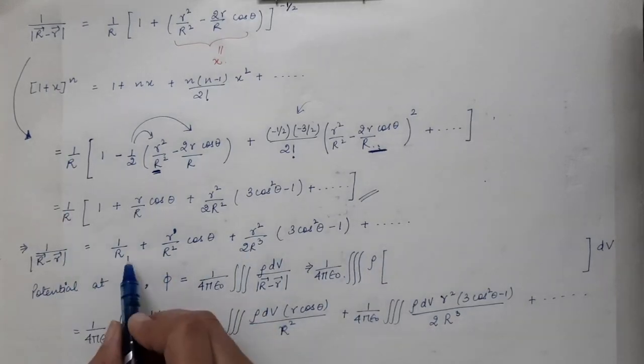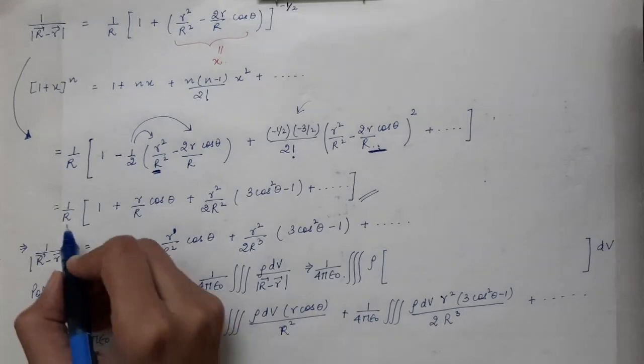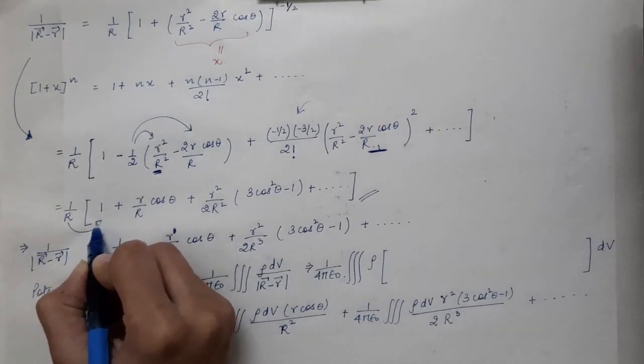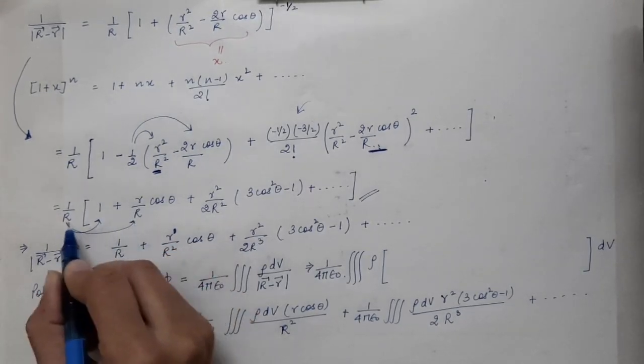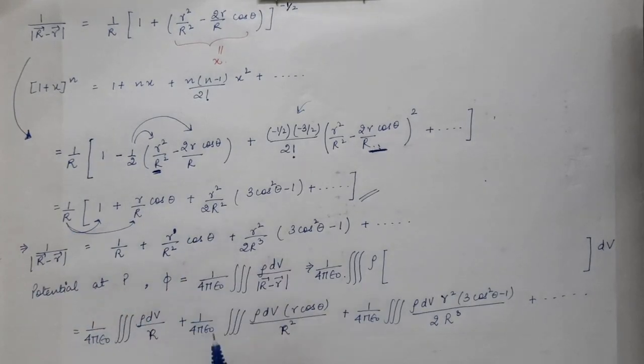Now what we have done is, in this particular step I have taken capital R inside the bracket. So I have multiplied this capital R with the denominator of all these terms.